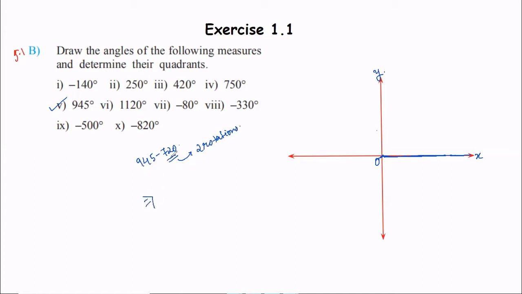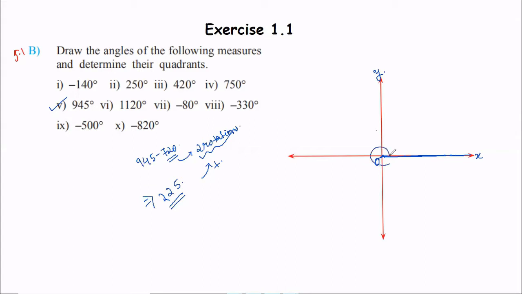So 945 minus 720 is 225. So 225 will probably lie in the third quadrant. We will add 225 after two rotations in the anti-clockwise direction. So let's start. It's plus 945, so of course we will consider the positive x-axis.